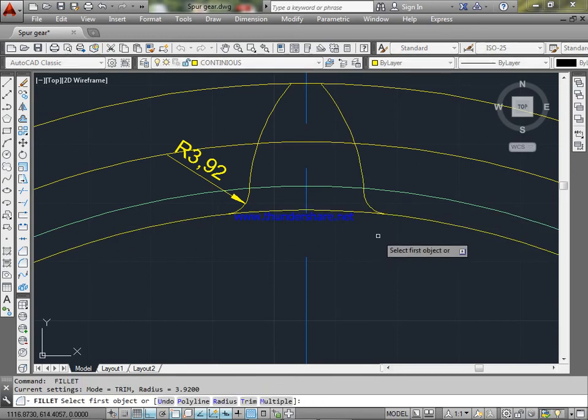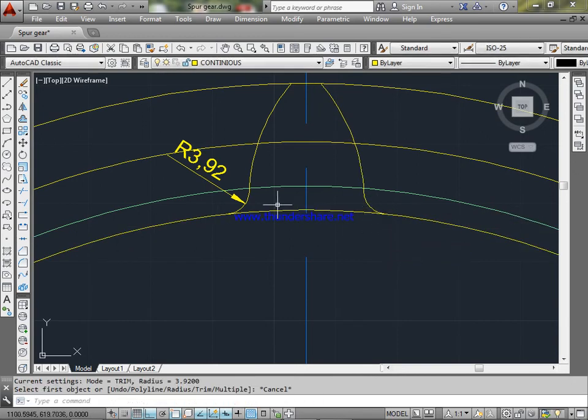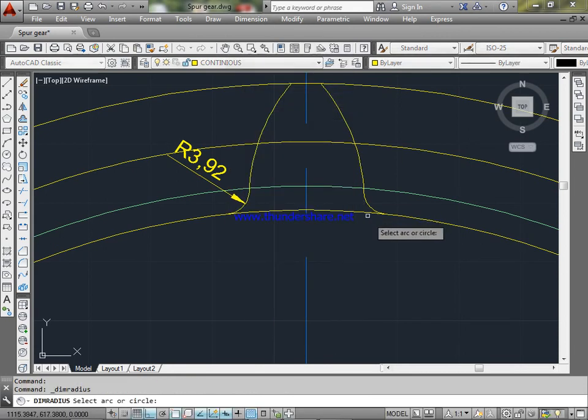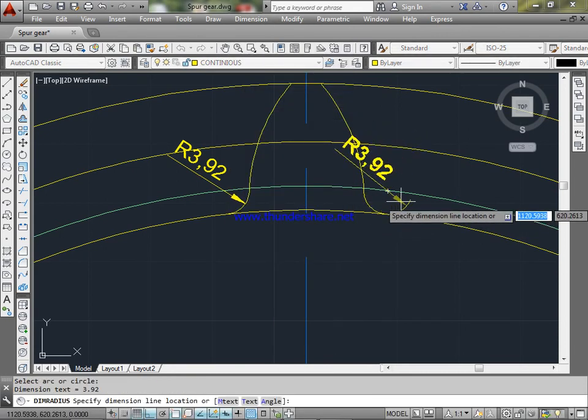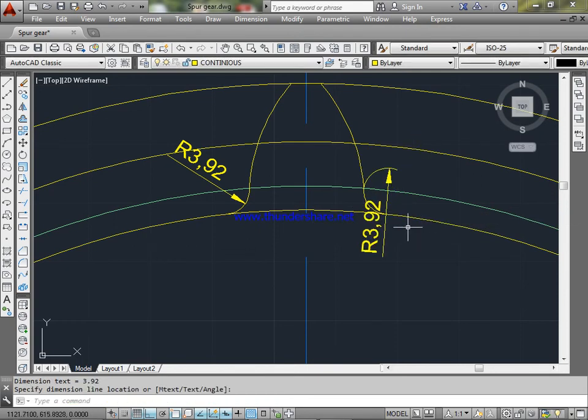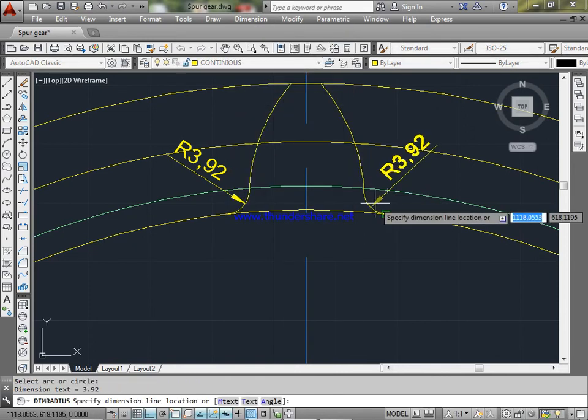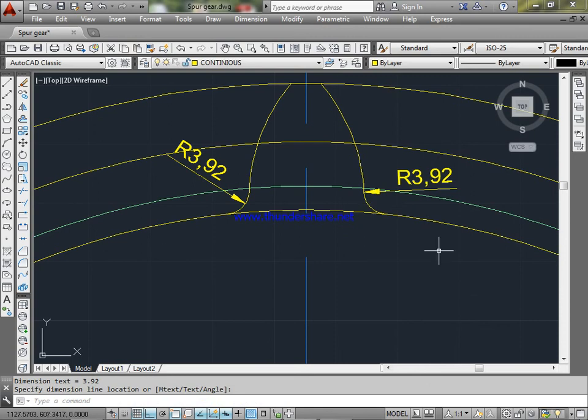Okay, fillet the two sides of the spur gear.